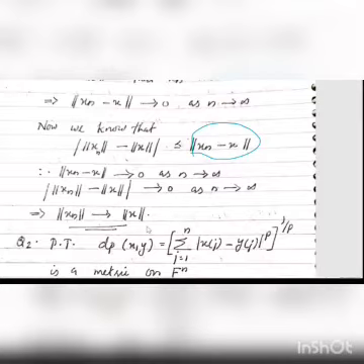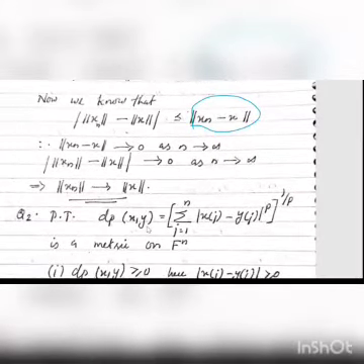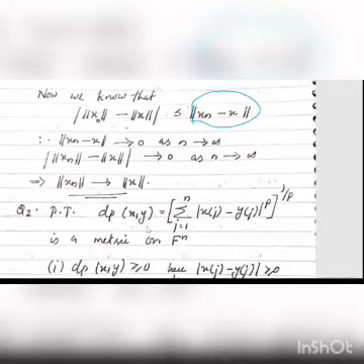In order to prove a metric space, what do we want to prove? Denoting the metric as dp, first we want to prove that dp of x comma y is greater than or equal to 0, and if dp of xy is equal to 0, then x equals y.